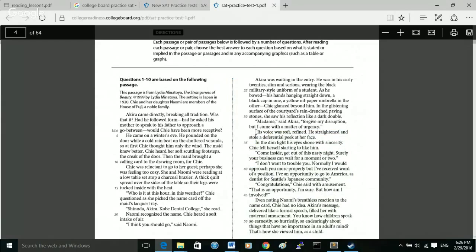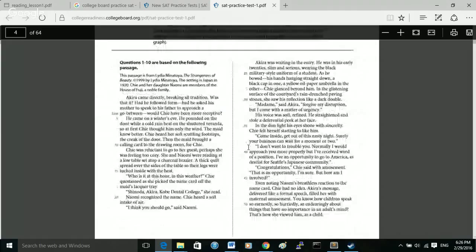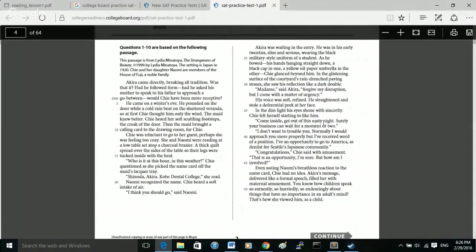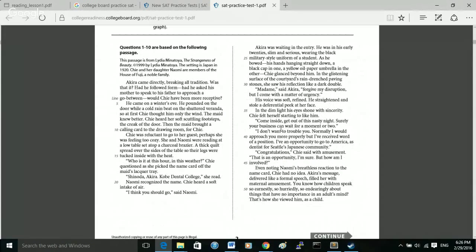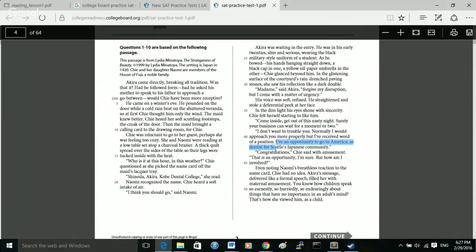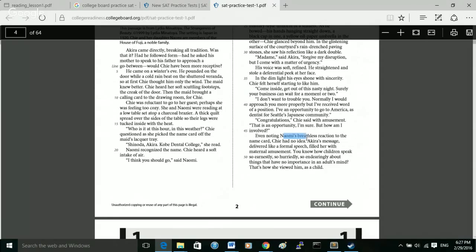His voice was soft, refined. He straightened and stole a deferential peek at her face. In the dim light, his eyes shone with sincerity. She felt herself starting to like him. Come inside, get out of this nasty night. Surely your business can wait for a moment or two. I don't want to trouble you. Normally I would approach you more promptly, but I've received word of a position. I have an opportunity to go to America as dentist for Seattle's Japanese community. Congratulations, she said with amusement. That is an opportunity, I'm sure. But how am I involved? Even noting Naomi's breathless reaction to the name card, she had no idea.